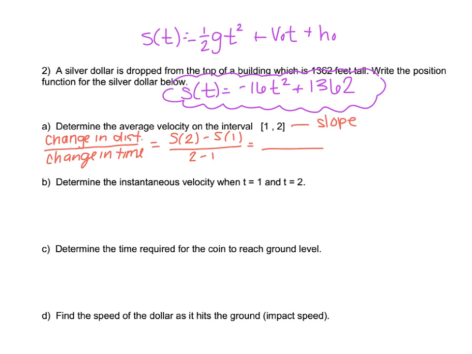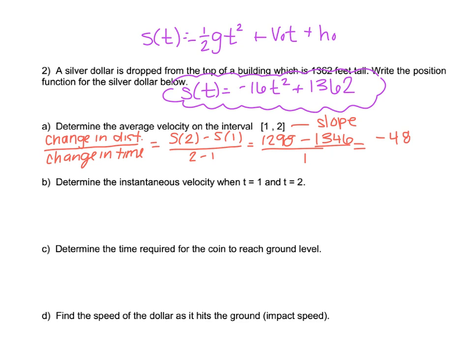That's how high it is at 2 seconds, minus how high it was at 1 second, which is negative 16 plus 1362, 1346, divided by change in time, which ends up just being 1. Then we simplify. So 1298 minus 1346, that's going to give us negative 48.